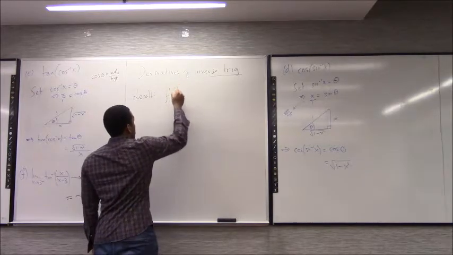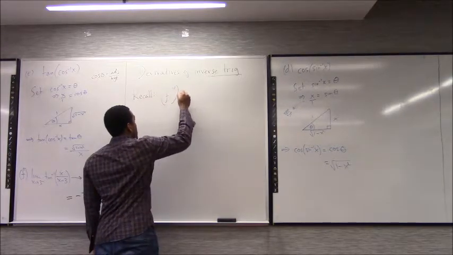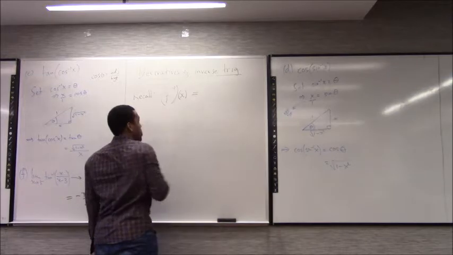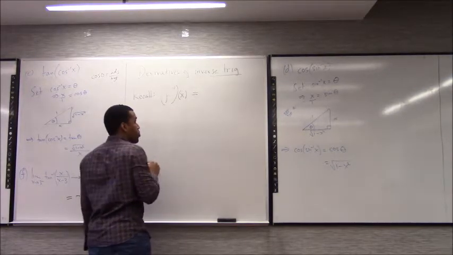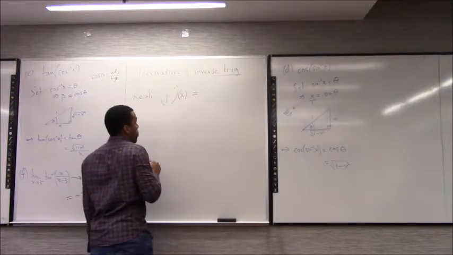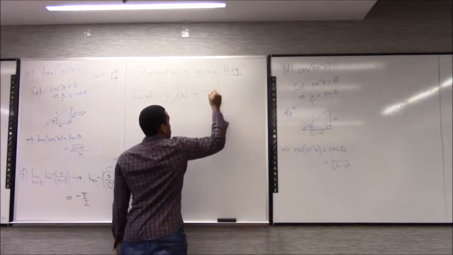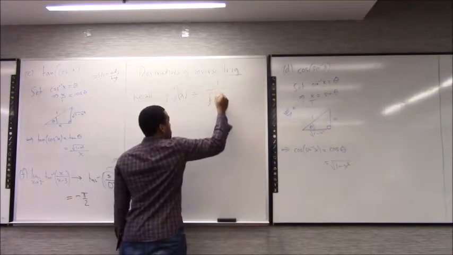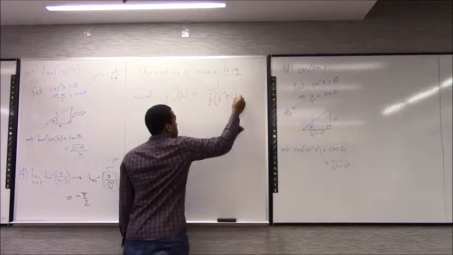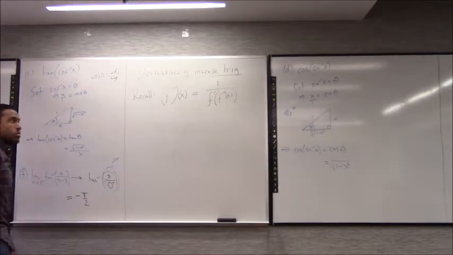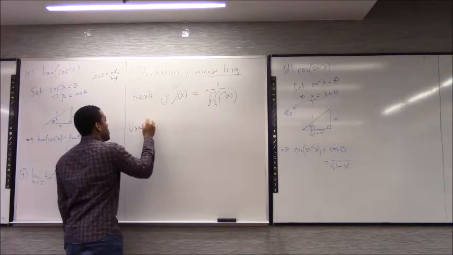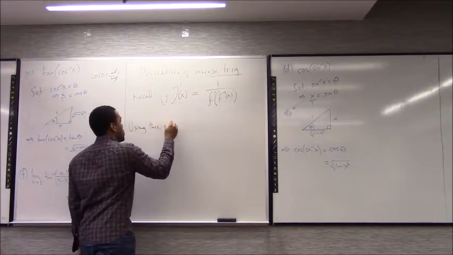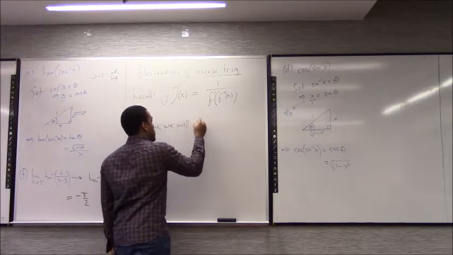We know how to find the derivative of an inverse function. What was the formula? 1 over f prime of f inverse of x. So now, using this, we will derive.